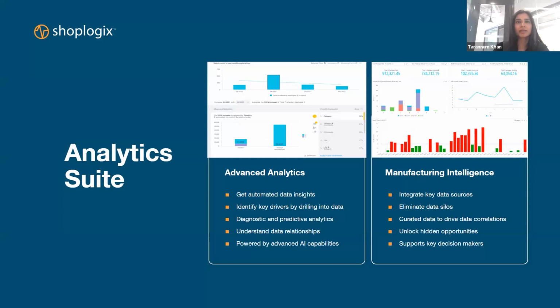And you'll see that in the demo as well, and we'll give more examples of how we do that. And understanding data relationships. So what are the behind the scenes data relationships that exist in your data with the depth of data that you may have versus what you see on the dashboard? And then all of this is really powered by advanced AI capabilities. And you'll see that as we get into the demo. And that's really what we're excited about.